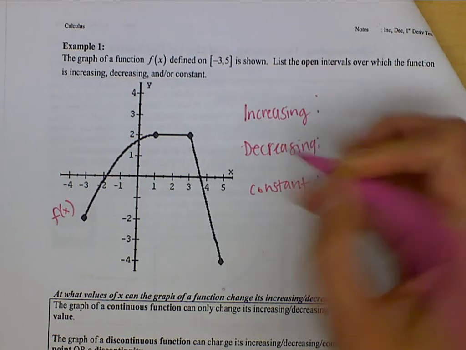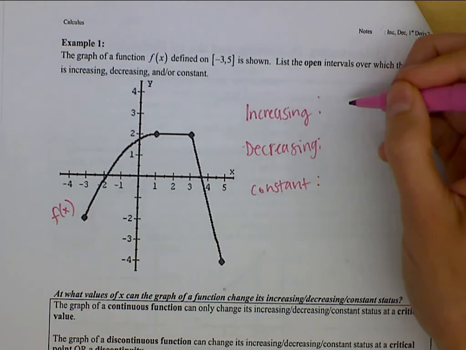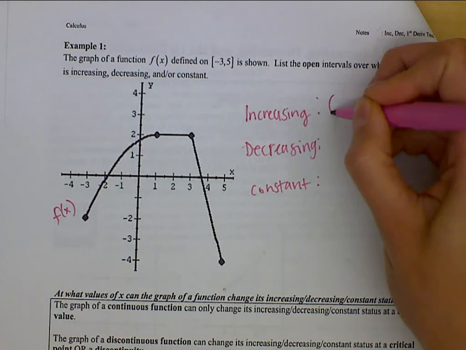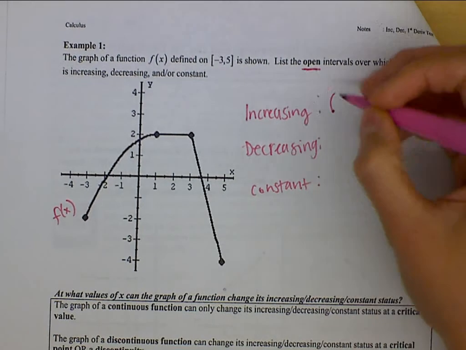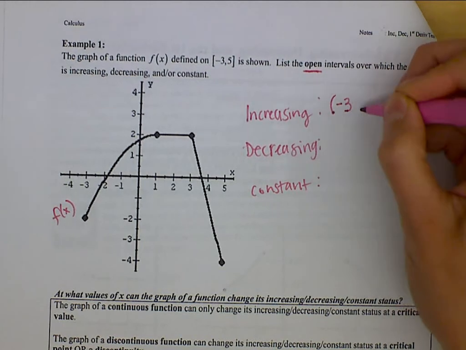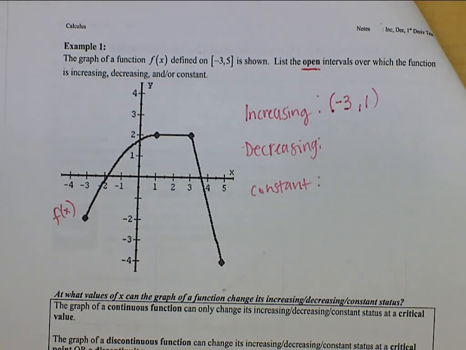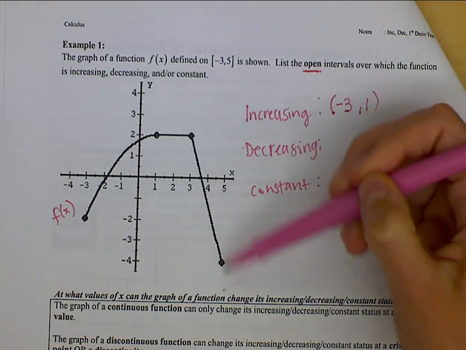It's increasing right here, and that is on the interval... It says list the open interval, so that's why I'm using parentheses. So it's on the open interval between -3 and 1. It's decreasing right here, so between 3 and 5.